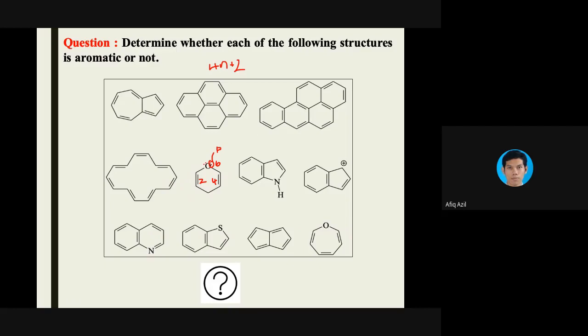If you put 6 over here, you're going to get n equal to 1. So this structure over here is actually an aromatic compound. So take note of this nitrogen, sulfur, oxygen, and this nitrogen as well, whether they contain any lone pairs or not. This will be your tutorial as well.